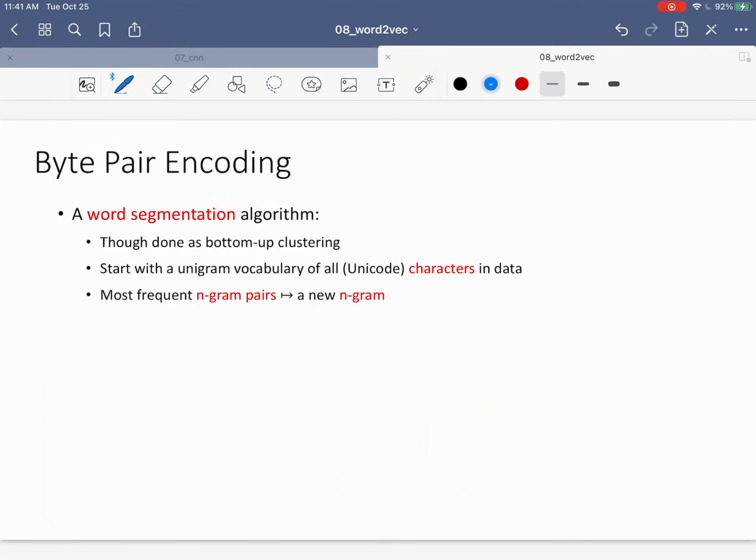What we want to do is come up with an embedding unit which is smaller than words but larger than characters. For example, if you have a word like displacement, the word level approach is treating displacement as a single word.